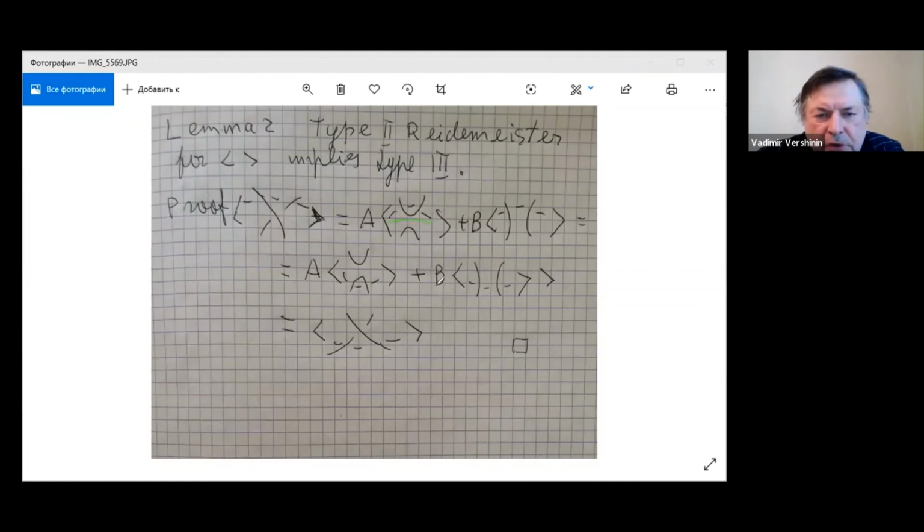This is the first time Reidemeister 2, and the second one we put it here, and this is exactly what we have. Here is nothing but isotopy of the diagram. You are not changing the crossing picture of this diagram.